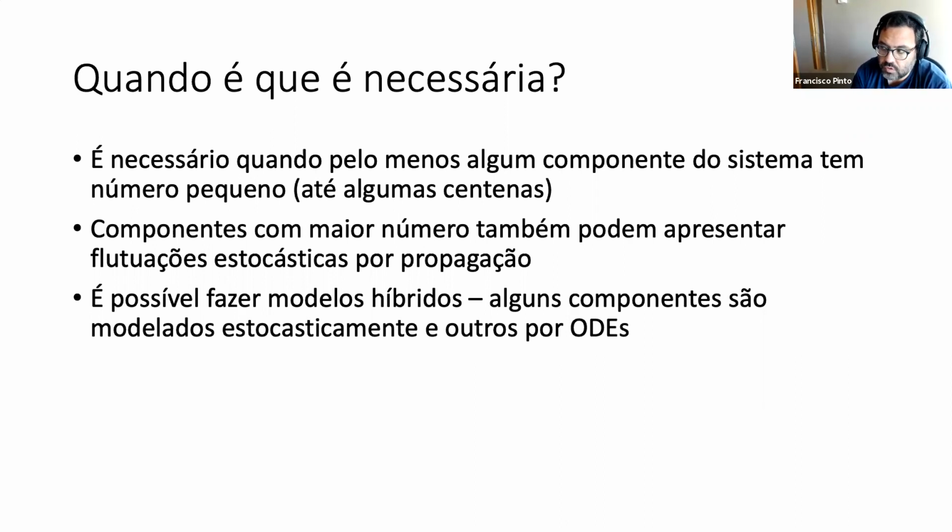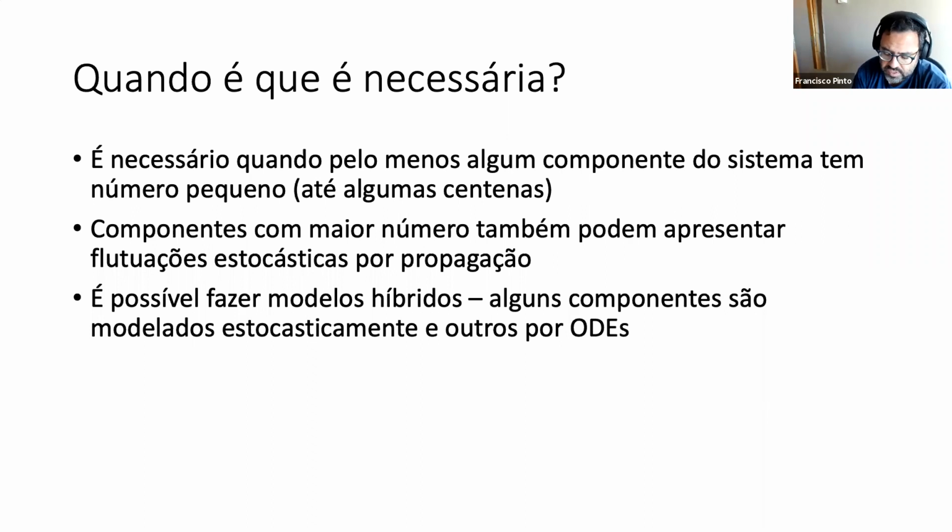You don't need all the variables in the system to have low numbers. It is sufficient that one variable has a low number, and the stochasticity in the time evolution of that variable will propagate to the evolution of the other variables that have higher numbers.